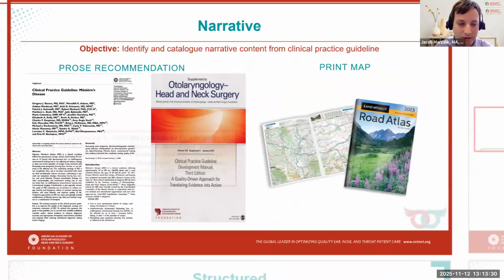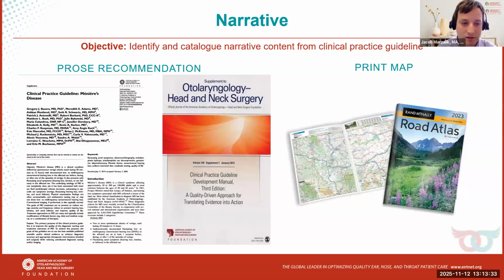First, we'll start off with the narrative. As Chris noted earlier, the Academy has very rigorous standards in developing clinical practice guidelines, and we also follow the Institute of Medicine, now National Academy of Medicine's, standards for developing clinical practice guidelines. They've been developing guidelines since around 2006, and the manual is updated periodically.